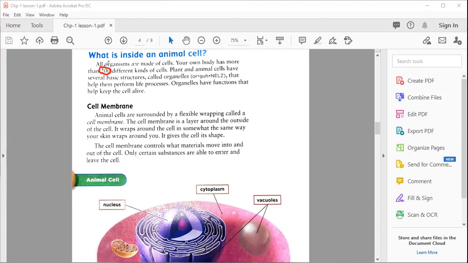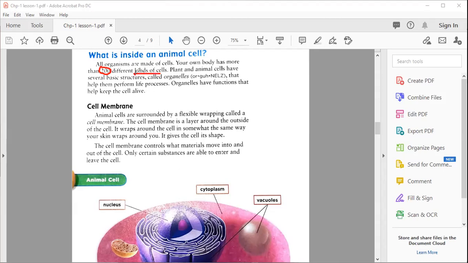The organs present in your body have different functions, and your body is made up of different organs, each with its own function. That's the reason the kind of cell is different in every organ.